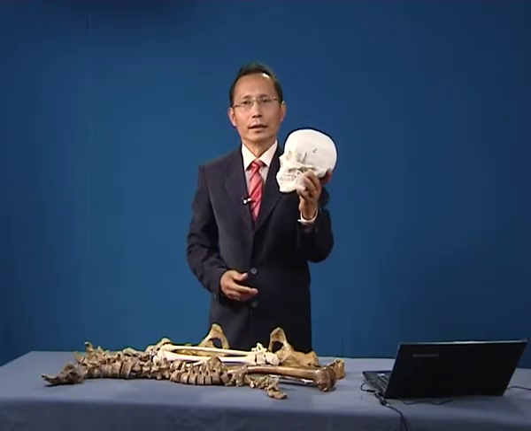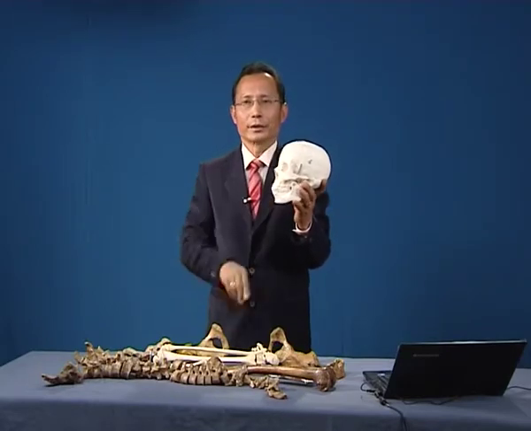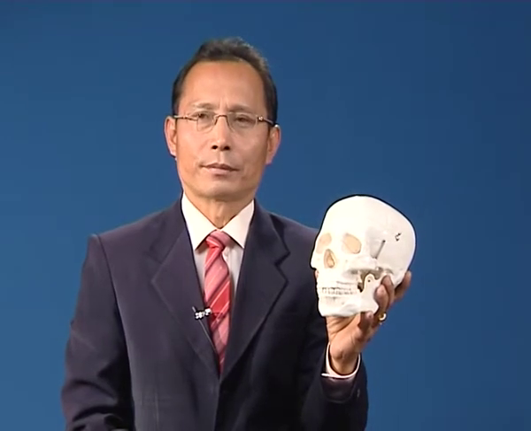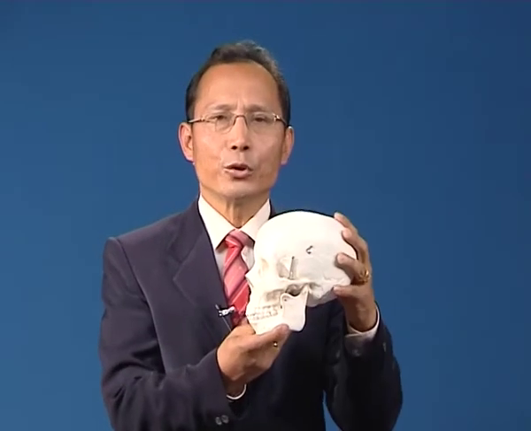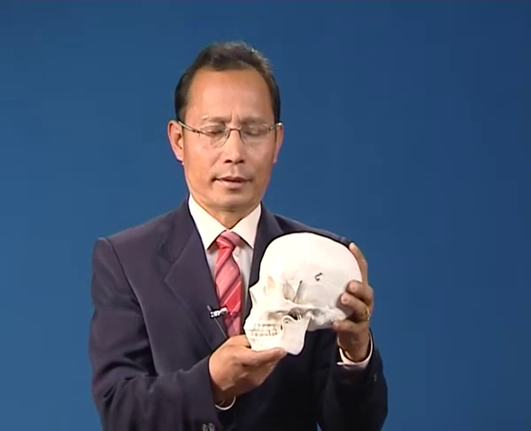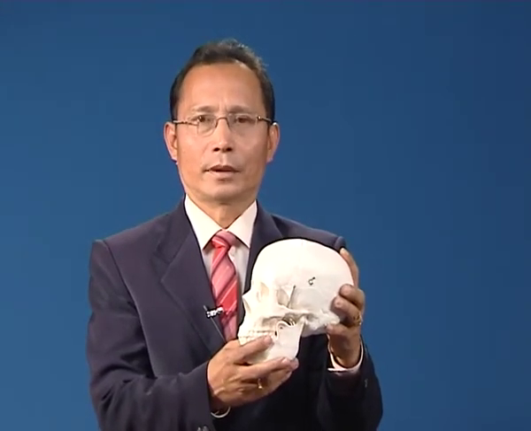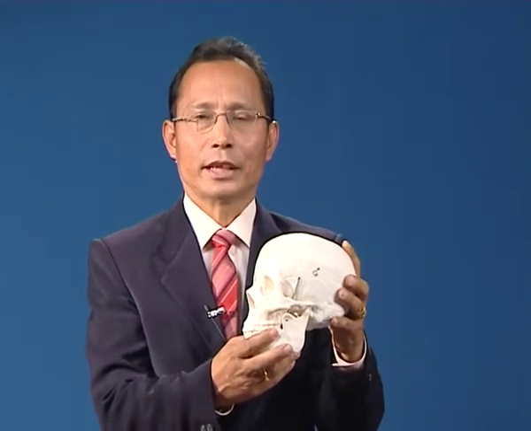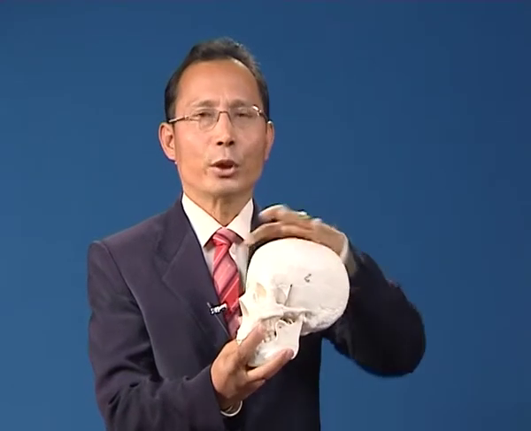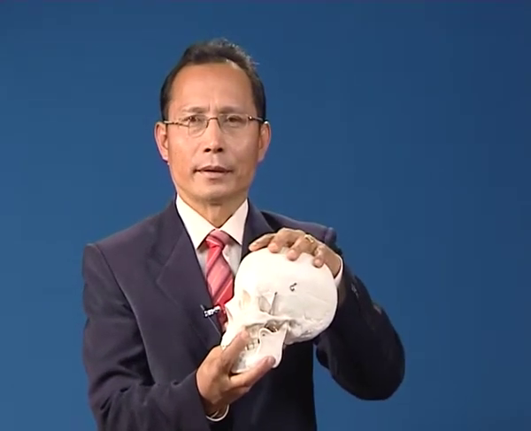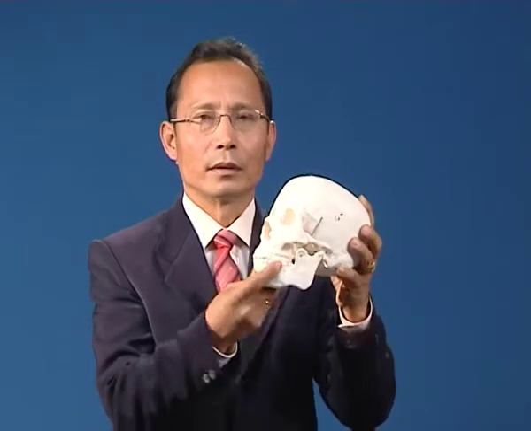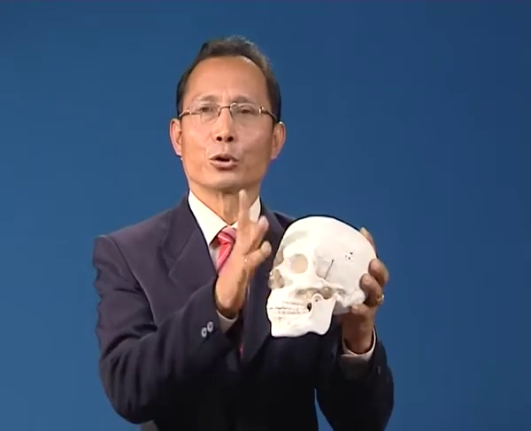This skull altogether has 22 bones. Out of these 22 bones, only one is movable, or rather articulatory. It can articulate. So 21 bones are fused together and only one, that is mandible or lower jaw, can move. Others are all fused together.